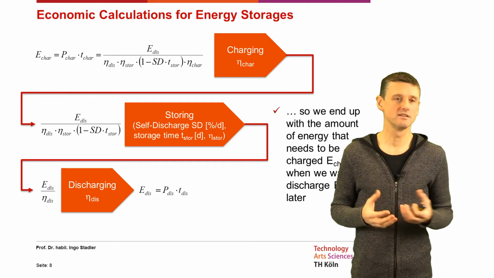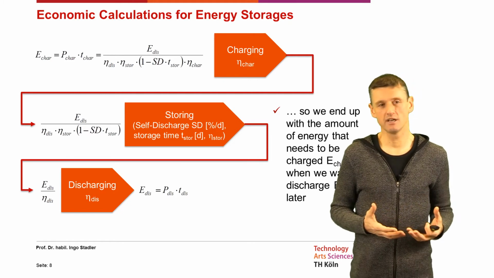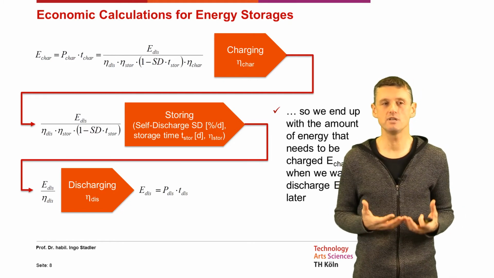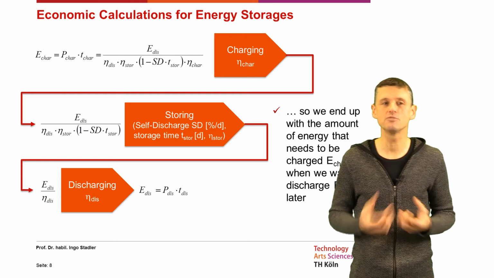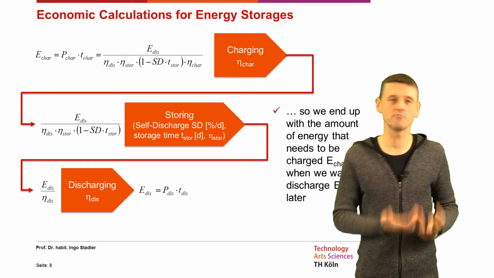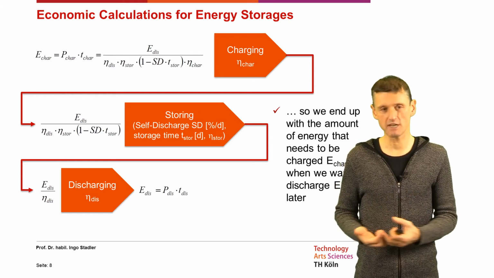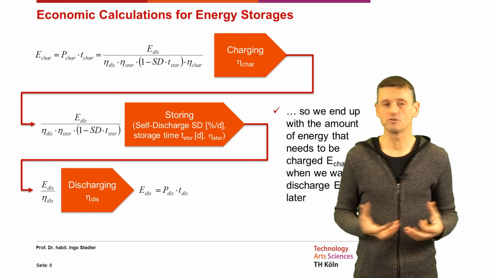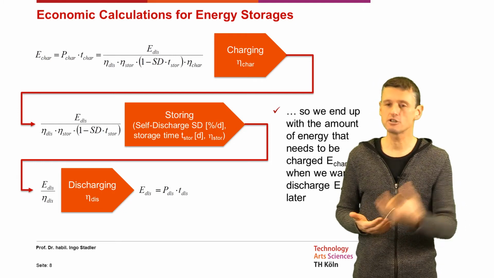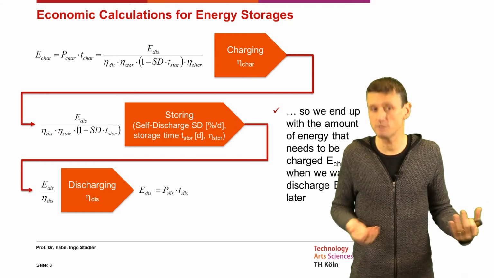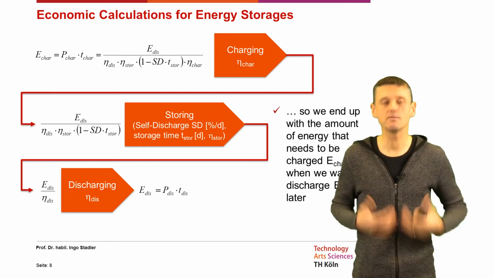And that charging energy again can be a result of many different combinations of charging powers and charging times. Often or sometimes the discharging power and the charging power might be the same, but it definitely must not be the case.